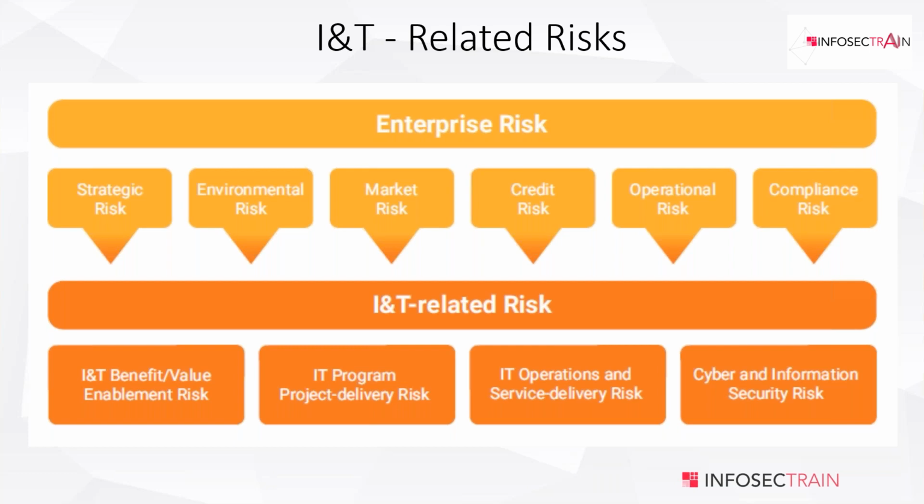What is common in all these, and all these are definitely illustrative examples, not an exhaustive list, is that ISACA has categorized IT related risk in four buckets: IT benefit or value enablement risk; IT program and project delivery risk, meaning if highly critical programs are getting delayed, they pose a risk to achieving my strategic objectives; IT operations and service delivery risk; and cyber and information security risk, which is utmost important nowadays.